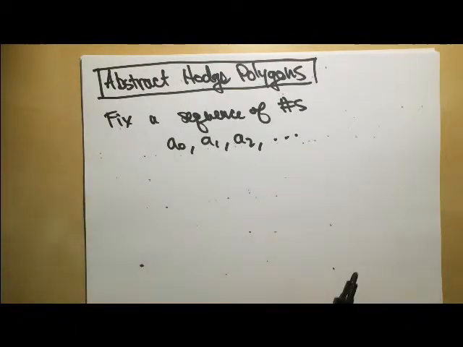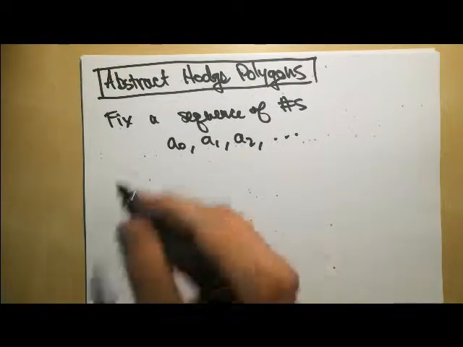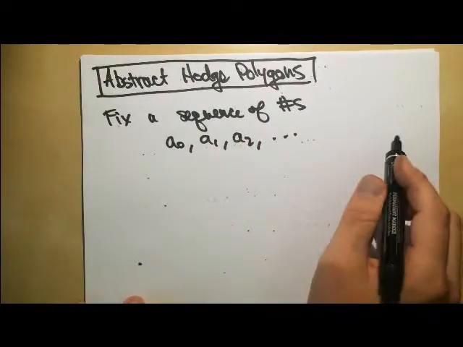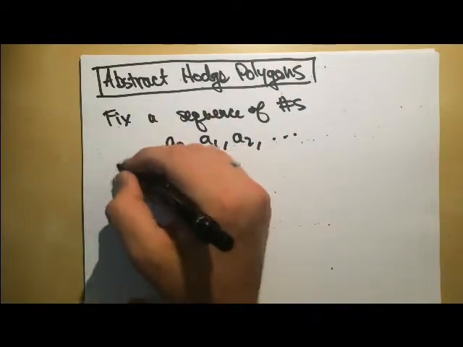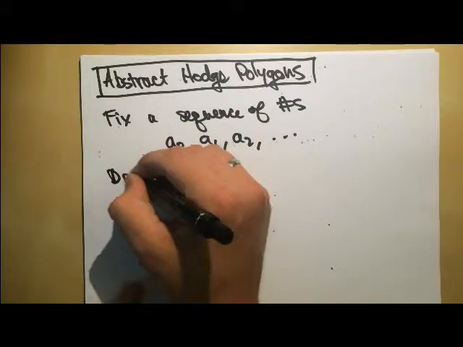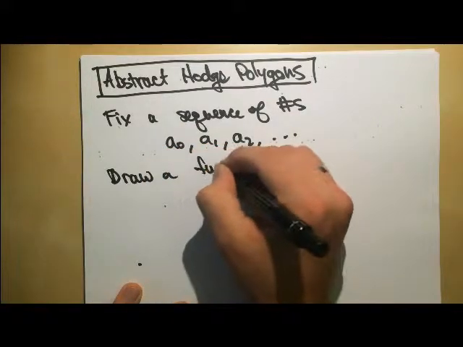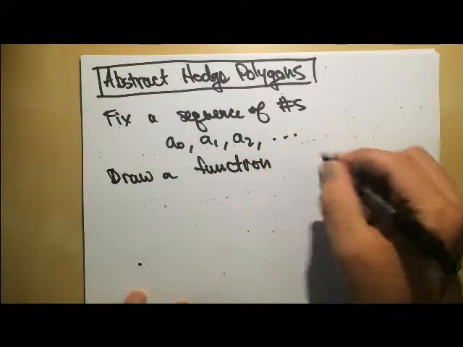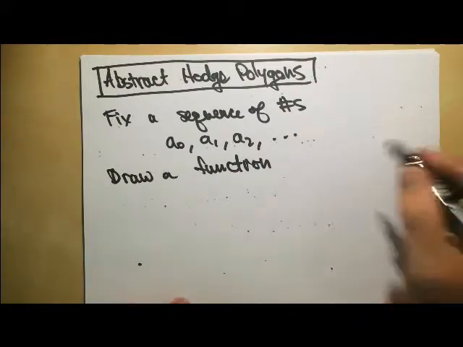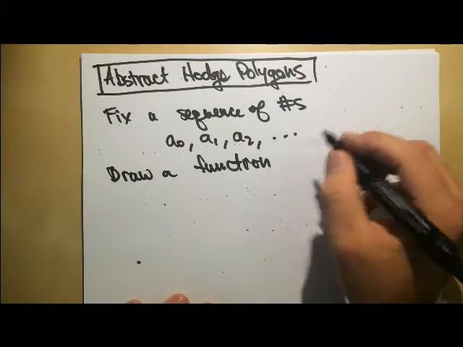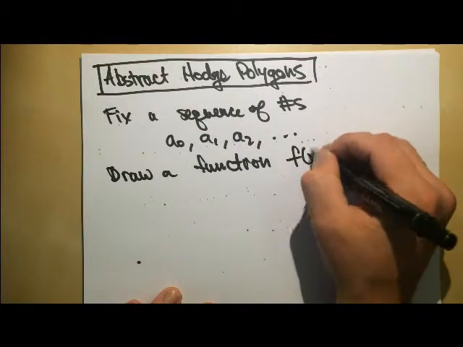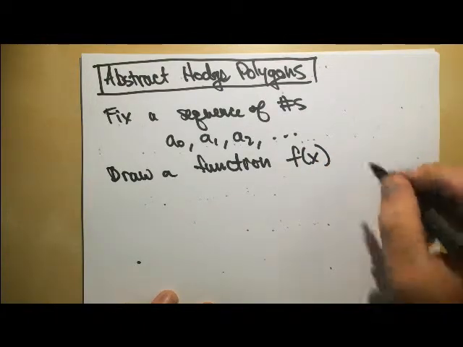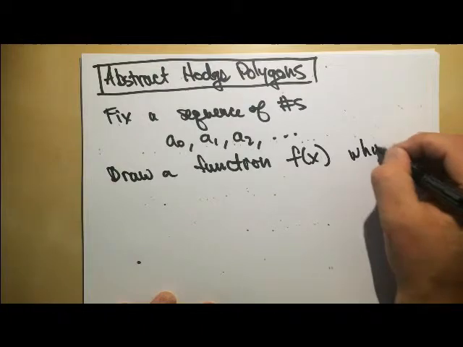And what we can do is draw some Hodge polygons using these things. For each of these lengths, we're going to draw a function, let's call it f(x), which is continuous.